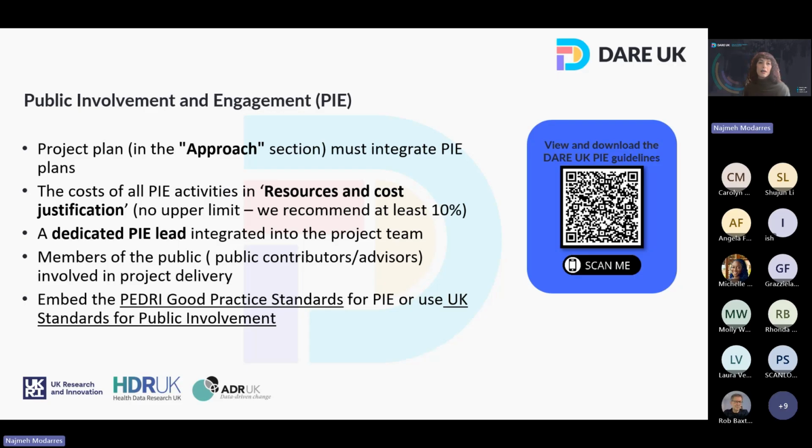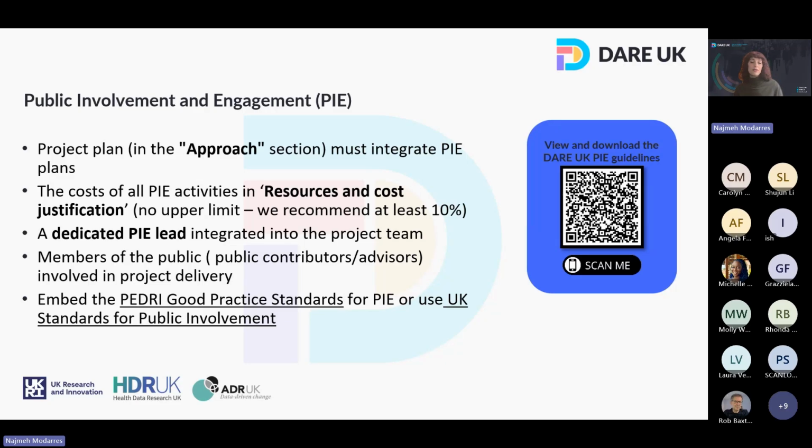And finally, I went in depth, and we had a public contributor who spoke about this at length during the applicant webinar. If you hadn't had a chance to watch that or didn't attend it, I really encourage you to go back and look at it. But this is really just a snapshot of the importance of public involvement and engagement, PIE.